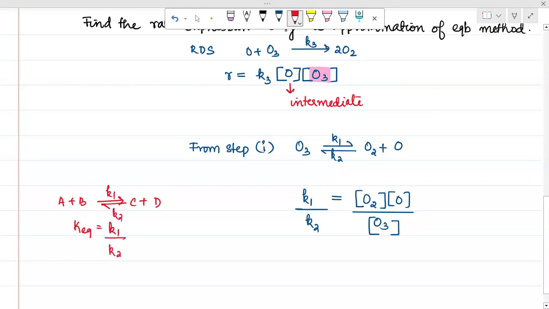K1 by K2 is equal to concentration of the products, you take the product of that, divided by the products of the concentrations of the reactant, raised to their stoichiometry. Here the stoichiometries are all 1. That's it.